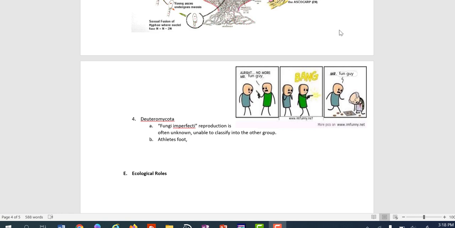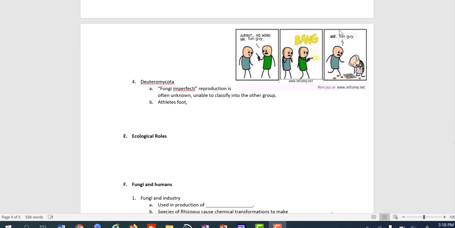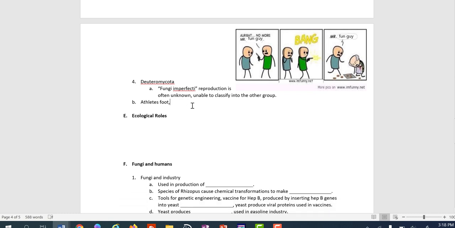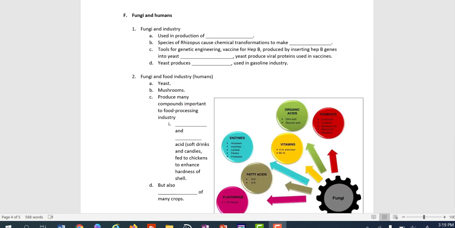But to be quite honest, I don't know, and I think it's more complex than that. That's the last group, and just basically understanding that they don't really have a well understood reproductive cycle.